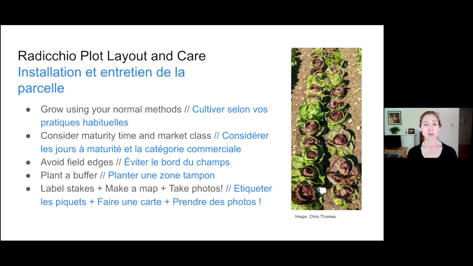It's great to make a map also when you plant things out, to keep track of what's where. Or a really easy way to do it is just to take pictures, ideally where you can read the stakes, just so you remember what order things are in when you go back to evaluate. Next slide.